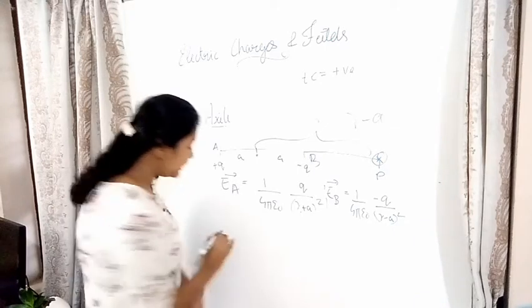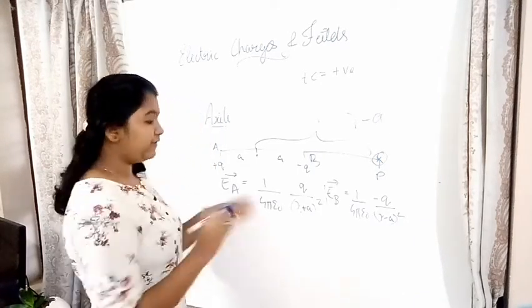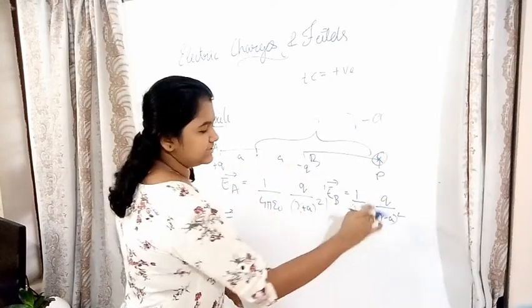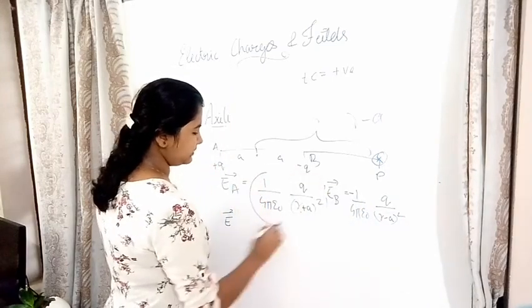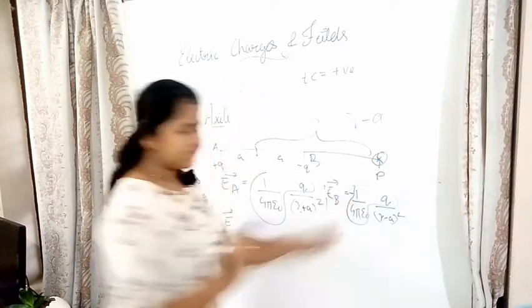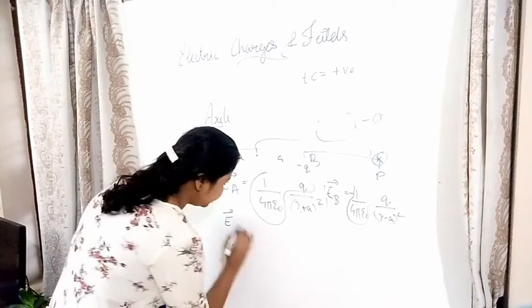So we learned E total is equal to EA plus EB. The negative sign stays. This much, Q by 4 pi epsilon 0, is common in both of them, so we'll take it out of the bracket.